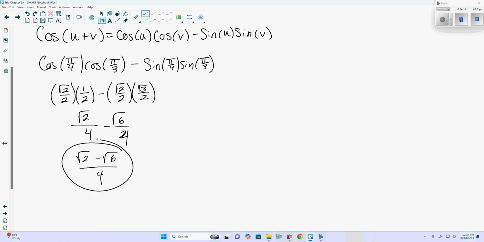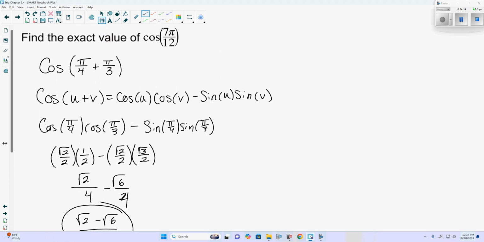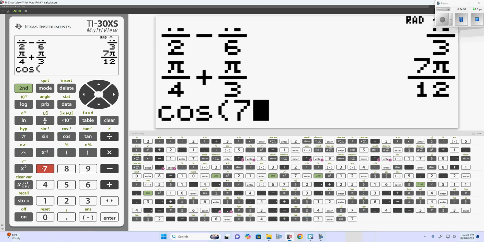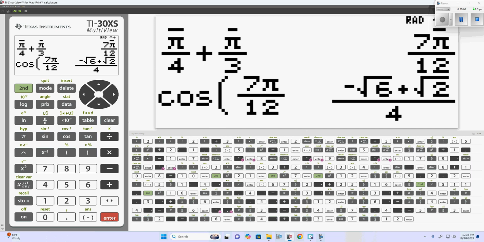Now, for the most part, the calculator can do these. Questions on these so far? Same exact answer.